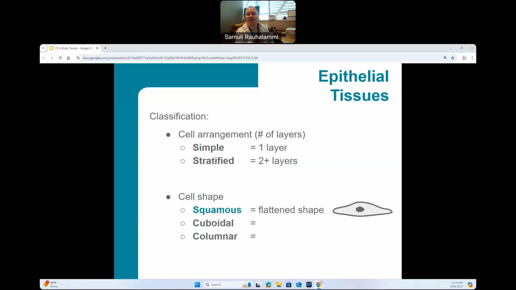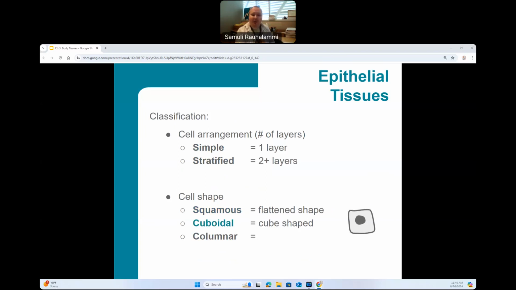The shape of the cells makes them particularly good for materials passing through and also for forming smooth surfaces for other materials to slide past. I would think, for example, blood vessels are very good examples of having squamous cells directly in contact with the blood. We want to make it easy to pass across this layer for selective purposes, but we also want the flow to be smooth.